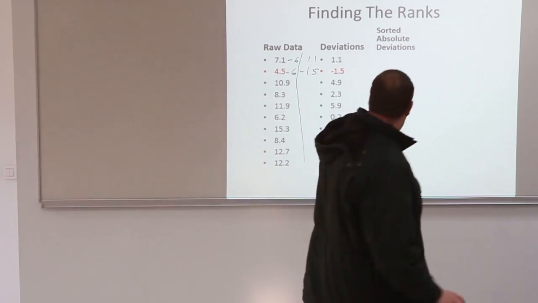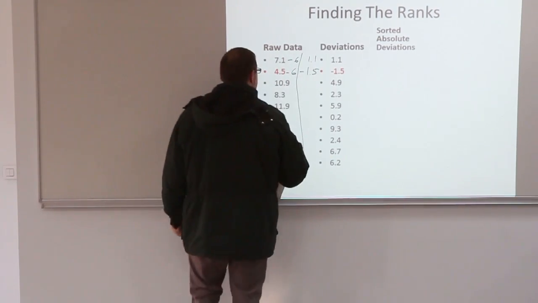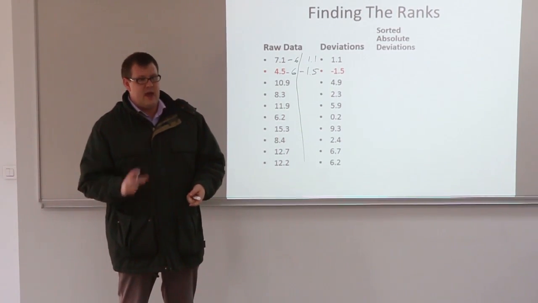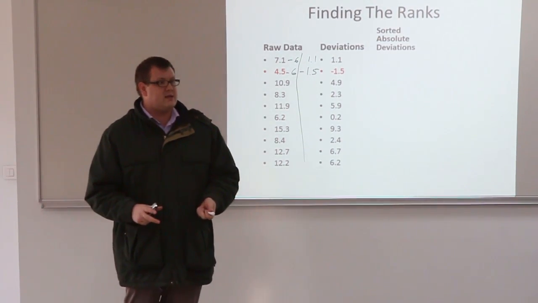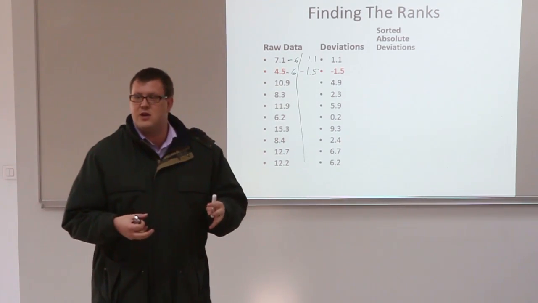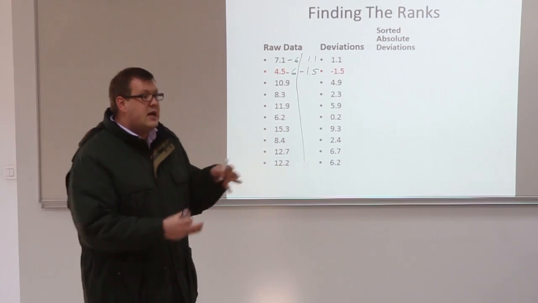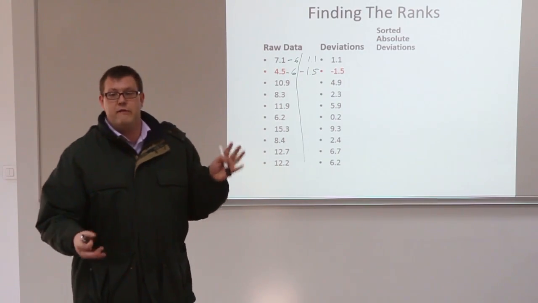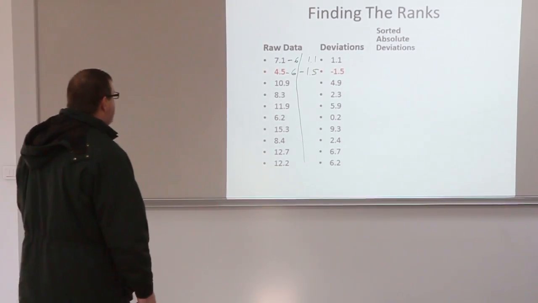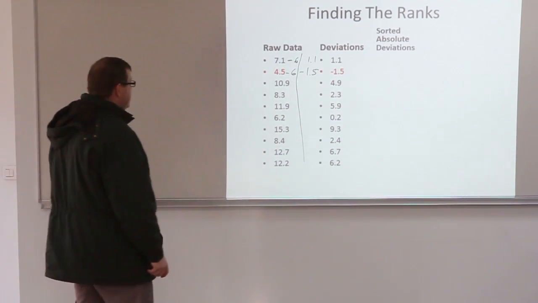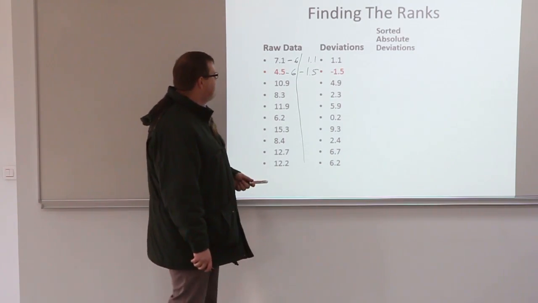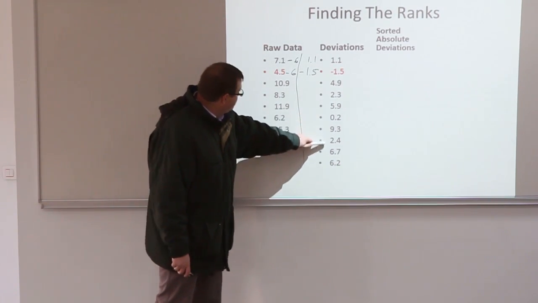So if you were going to sort here, you would need to sort things again based on the absolute deviations because we want the ranks of the absolute deviations, right? So you can sort earlier or later, but you need to make sure that your final sorting is based on the order of the absolute deviations. Okay, so what should go first? 1.1? No, we have 0.2. Is anything smaller than 0.2?